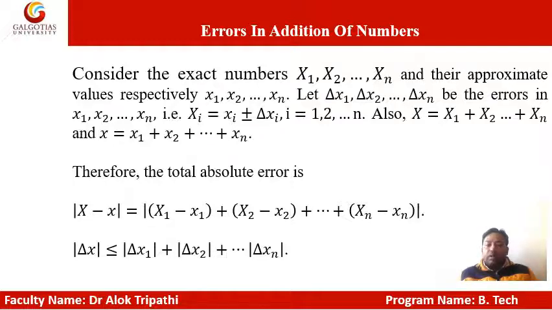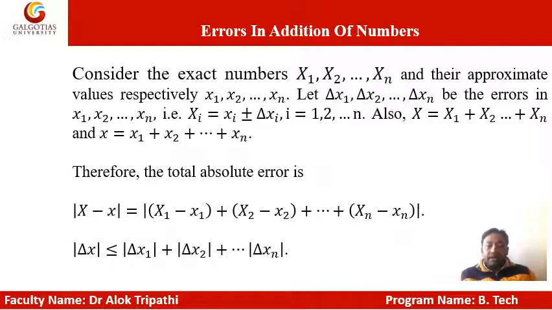So if we want to find the absolute error in the sum of these numbers, what we will do, we shall subtract small x from capital X, and we want to find absolute error, therefore we will apply the absolute value function here.